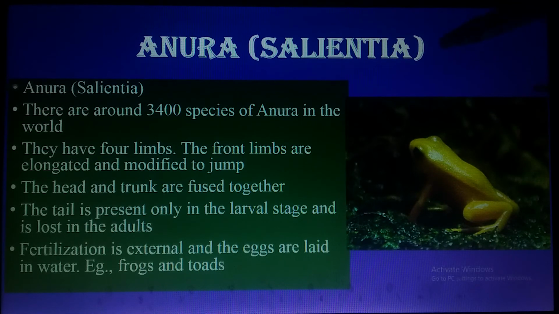The tail is present only in the larval stage and is lost in the adult. Yes, I have discussed that. In the larval stage, they have a tail, but during metamorphosis, the tail disappears. Fertilization is external and the eggs are laid in water.